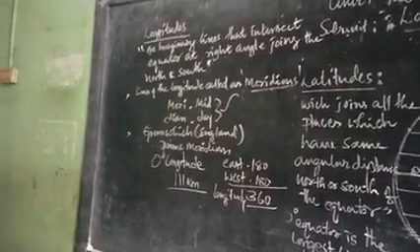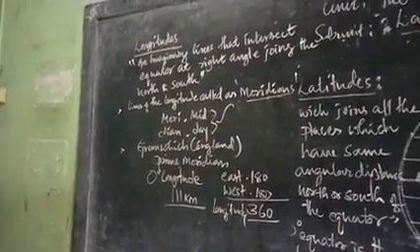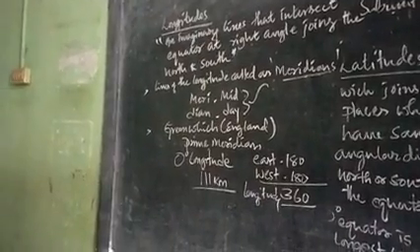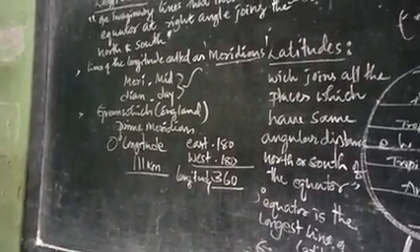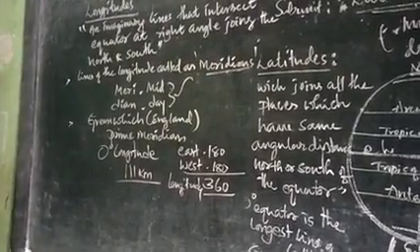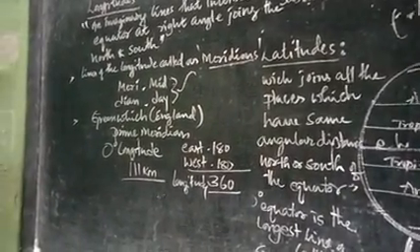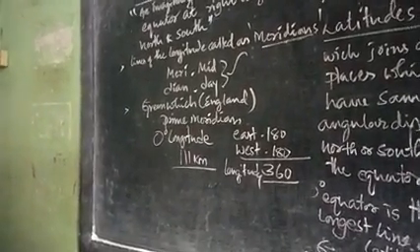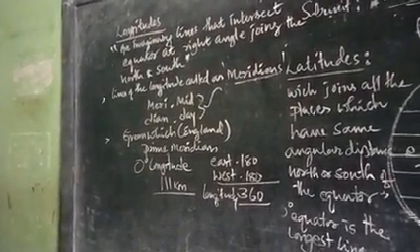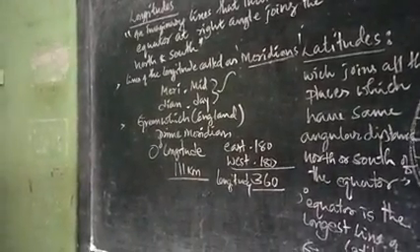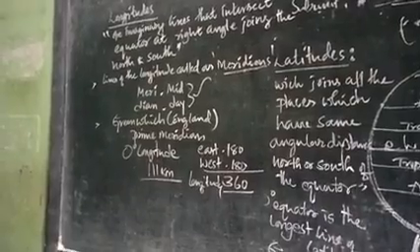On the globe, longitudes are shown as a series of semicircles drawn from pole to pole passing through the equator. All lines of longitude are of equal length. Lines of longitude are called meridians. Here meri means mid, dian means day. Meridian means midday. Lines of longitude are called meridians because all the places along the same meridian of longitude experience noon or midday at the same time.